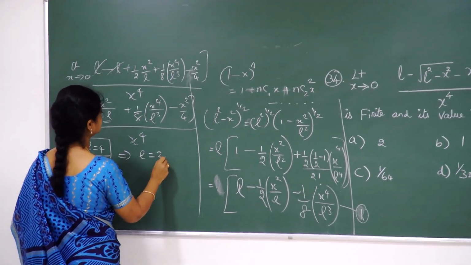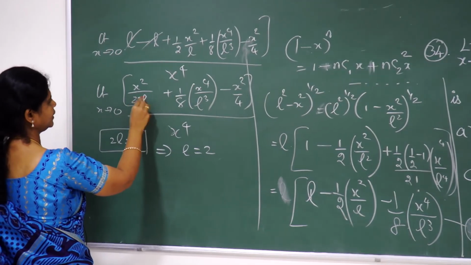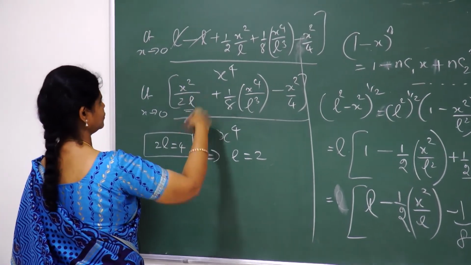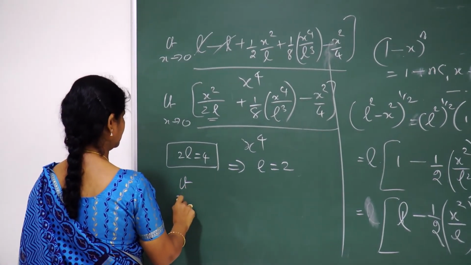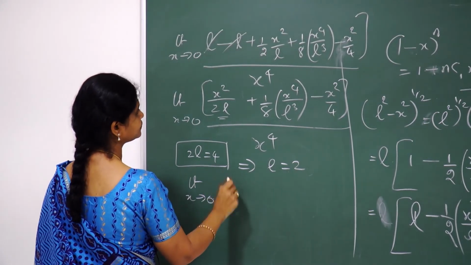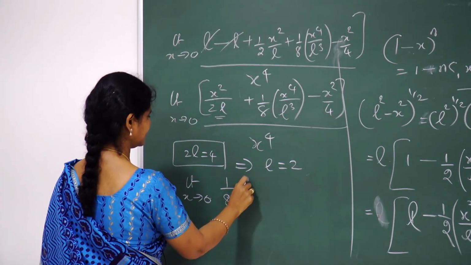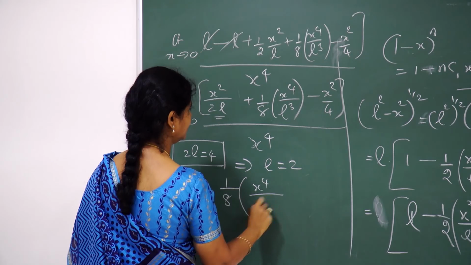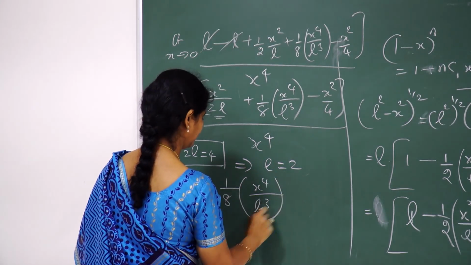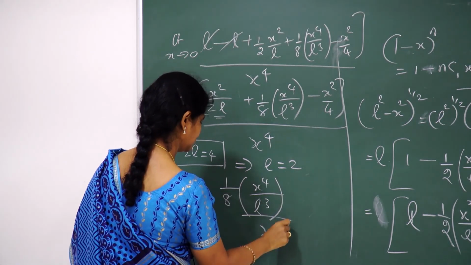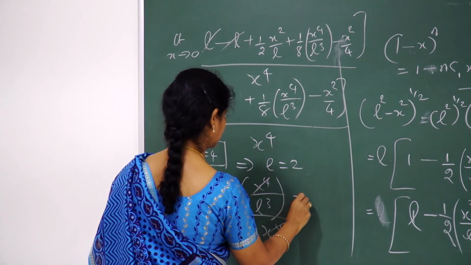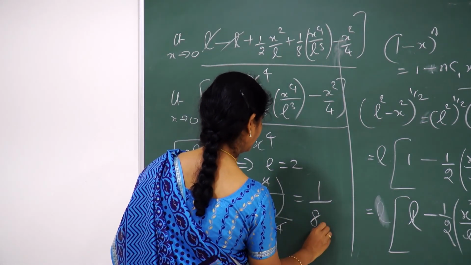That is the condition. So when L equals 2, here you get 4, and these two terms get cancelled. Finally, the limit as x tends to 0 of 1 by 8 x power 4 by L cube divided by x power 4. The x power 4 cancels, so you get 1 by 8 L cube.